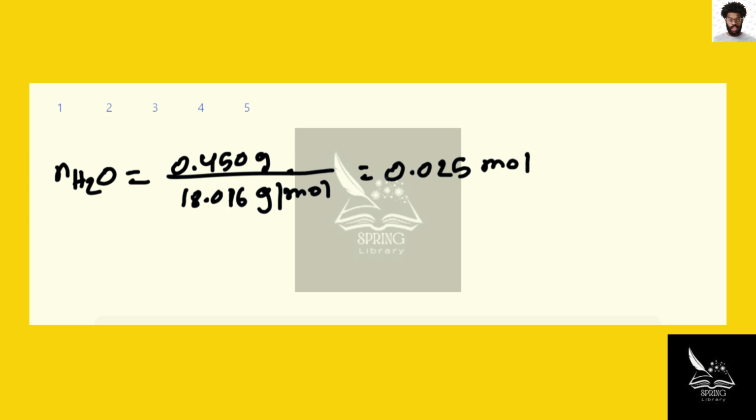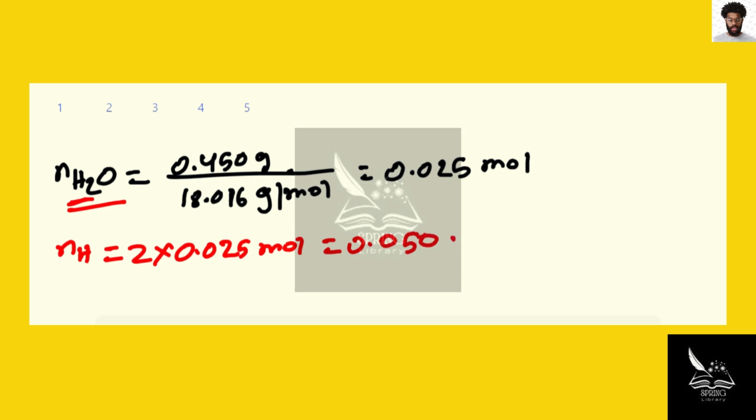Now this is the number of moles of H2O which is being produced. And again we can see that in one molecule of H2O we have two hydrogens. That means in a certain number of moles of H2O we will have two times that many moles of hydrogen. So the number of moles of hydrogen will be 2 times 0.025 mole, which will give us 0.050 mole of hydrogen.